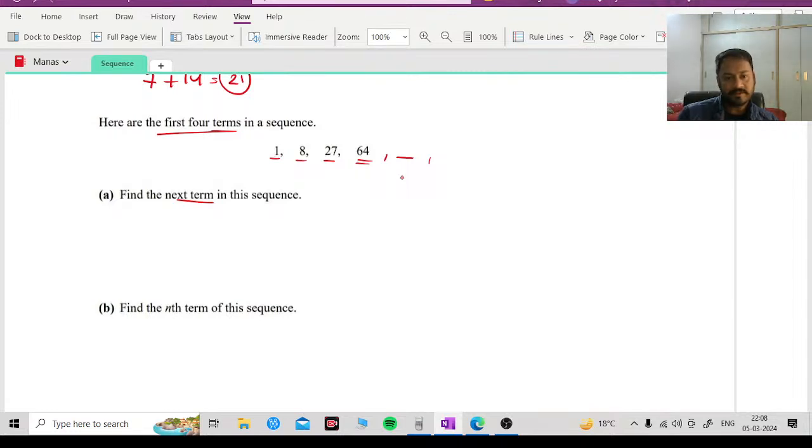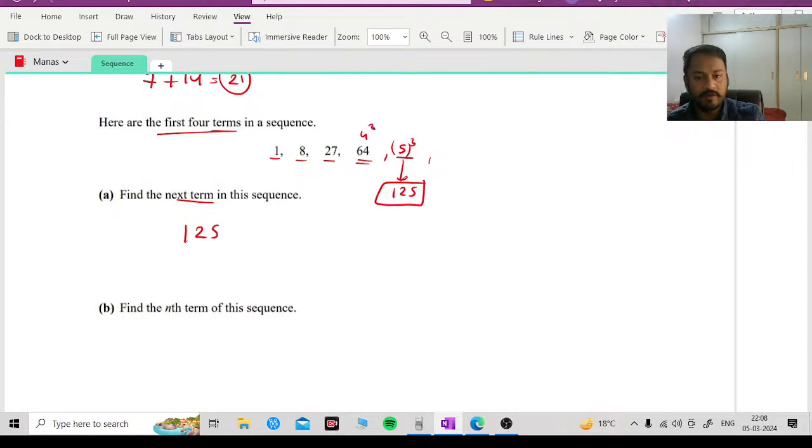First term is 1, second term is 8, third term is 27. So the next term will be 5 cubed, sorry, 5 cubed will be 125. Done. So the next term will be 125 because it is cubic.